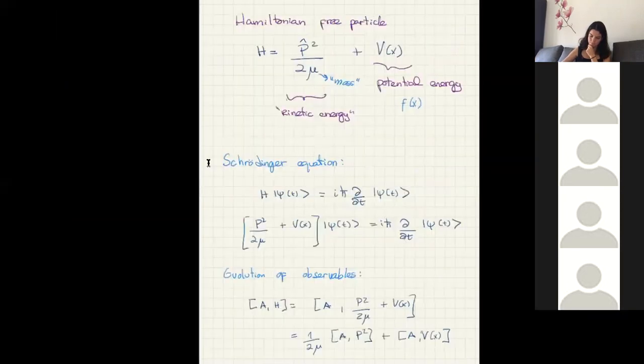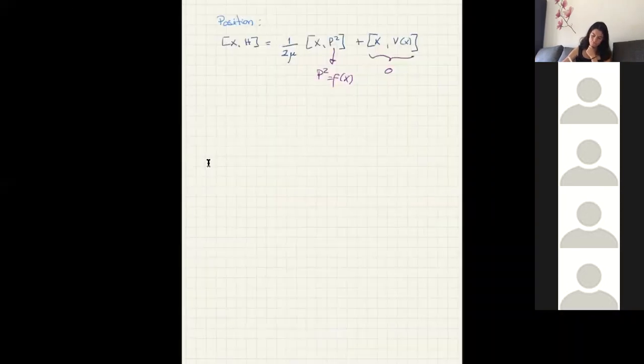Okay, so then this term here, the commutator of x with p squared, is going to be i h bar times d/dp of p squared, which is just 2 i h bar p. So the whole thing gives us that the commutator of x with H is going to be i h bar over mu times p.